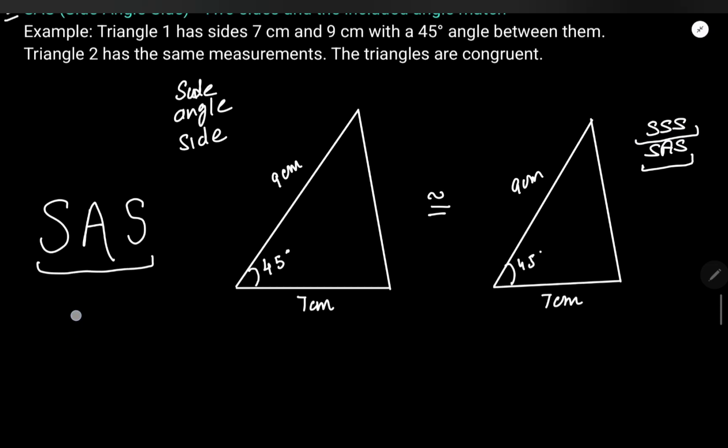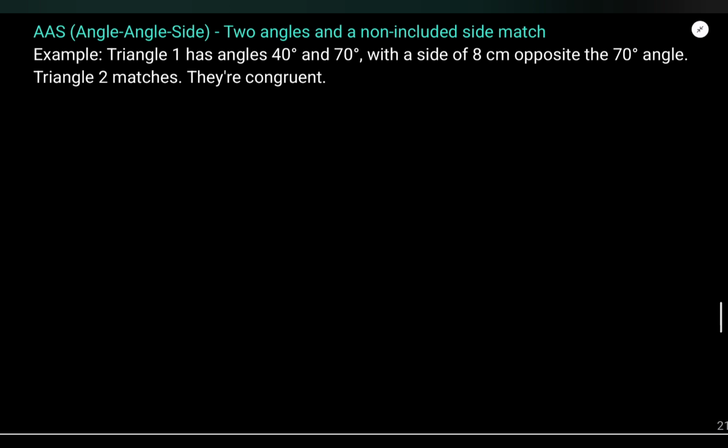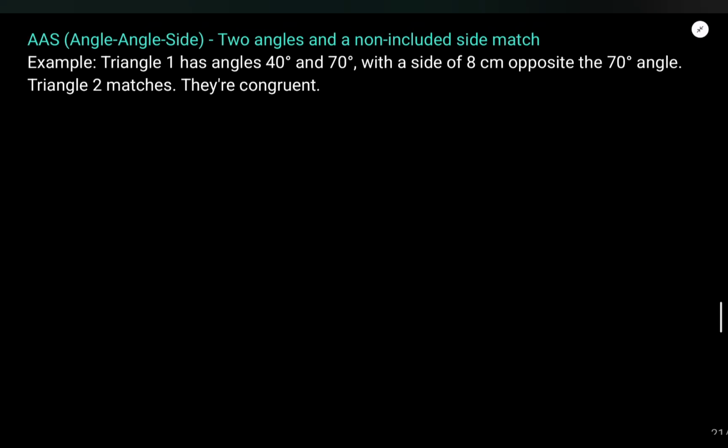After this we have the third rule, that is angle, angle, side: two angles and a non-included side. Suppose I draw a line, and here I say this is 40 degrees and this is 70 degrees.